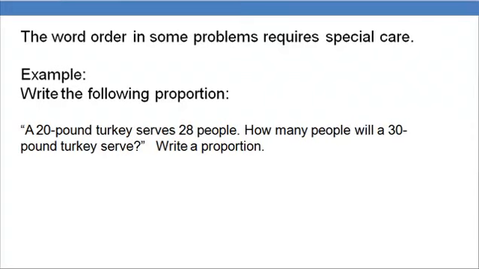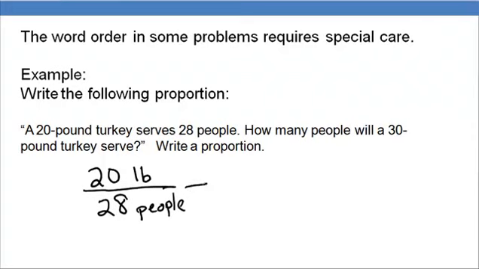Write the following proportion. A 20-pound turkey serves 28 people. So that gives us one ratio. 20 pounds of turkey serves 28 people. Now, I would go ahead and put my labels in.